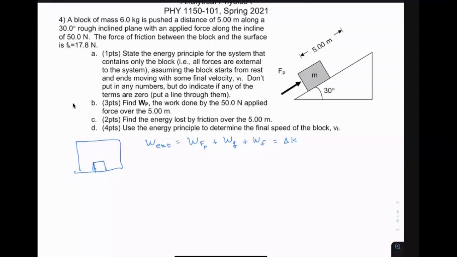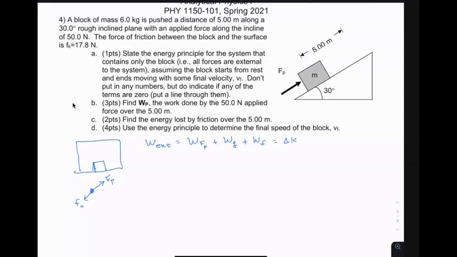Now, to identify the work done by these forces acting on our object, it's useful to draw a free body diagram. So we have F sub p acting in the direction of the incline, and we have F sub k acting in the negative direction relative to the direction of F sub p.